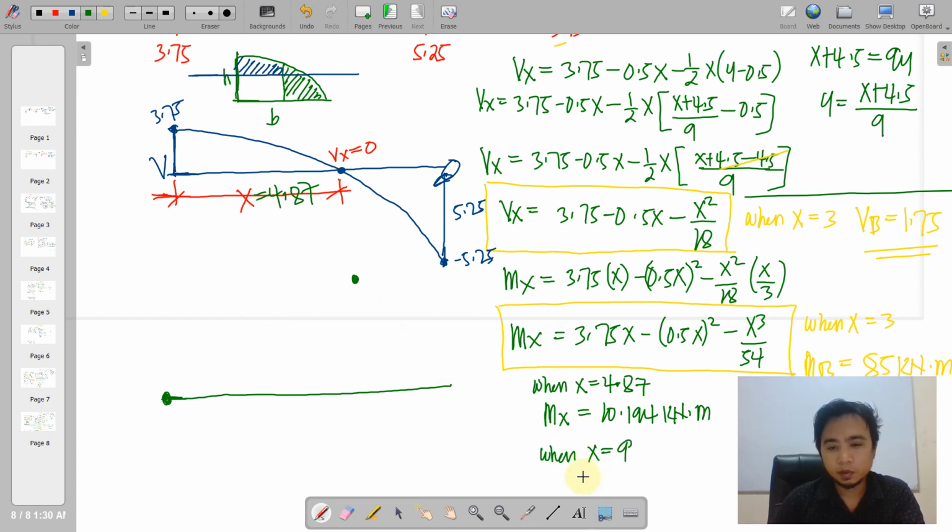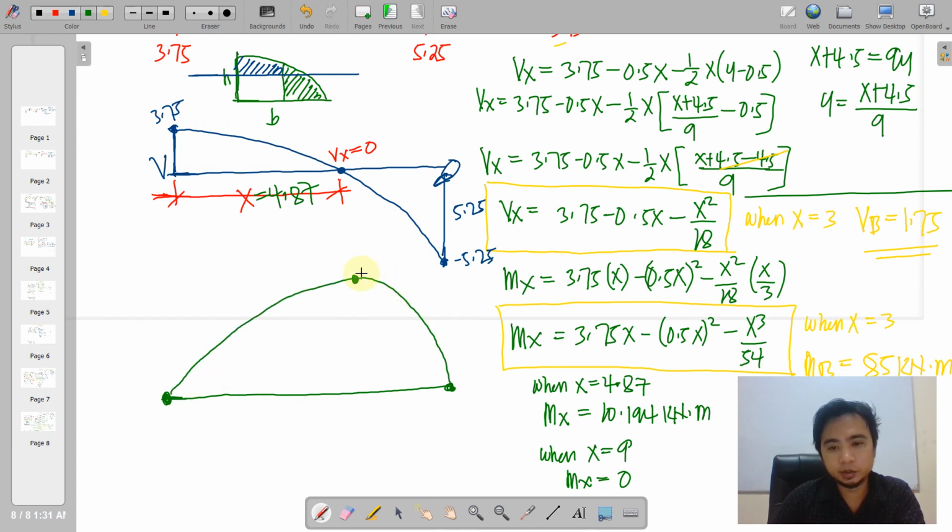So when x is equal to 9, your moment will yield to 0, so we have a 0 here. So connecting these three, we have here a decreasing curve. So between this, we have a direct logic wherein if we have a decreasing, we have a concave downward connector.